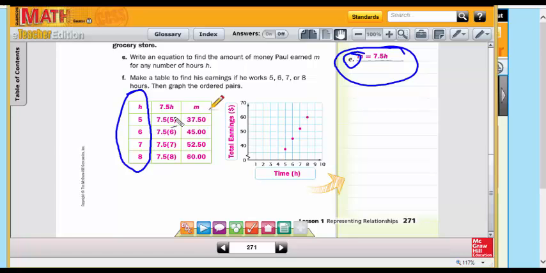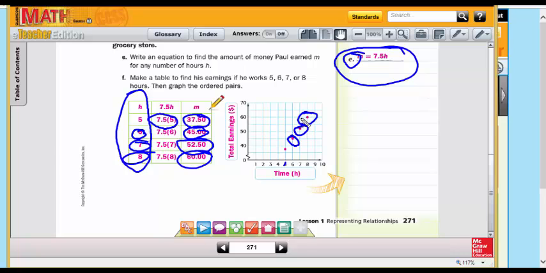So we had 7.5 times 5 gave us 37.50, and then we plotted that point at 5, input of 5, output of 37 and 5/10, or 37.50. And then we plotted each of these points. 6, 45 is right here, 7, 52.50 is here, and 8, 60 is here.